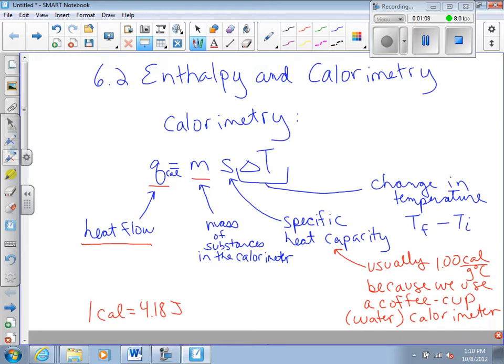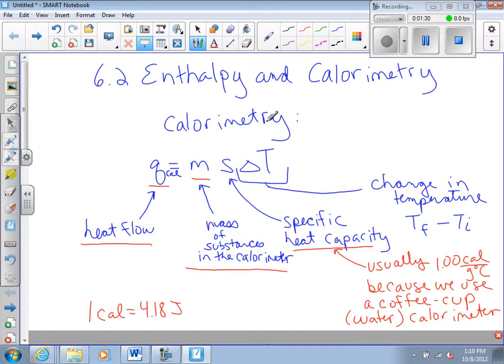M, it's the mass of everything in the calorimeter. So if you have a calorimeter that contains water and some chemicals in it, it's the total mass of that water and all the chemicals in the water. S is the specific heat capacity of the calorimeter contents.